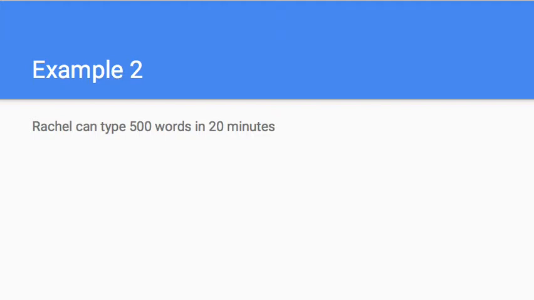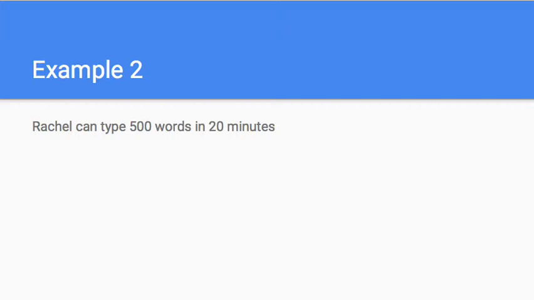Let's look at example number 2. Rachel can type 500 words in 20 minutes. Now again, we have to decide which makes more sense, telling the number of words we can type in 1 minute or the number of minutes it takes to type one word. In this case, words in 1 minute is going to make more sense. Those of you who've had me for keyboarding should know this because you've heard words per minute.